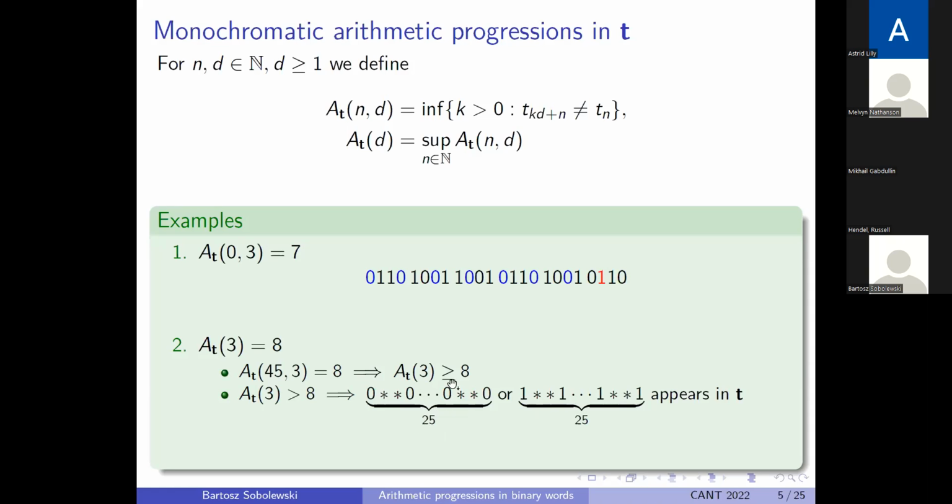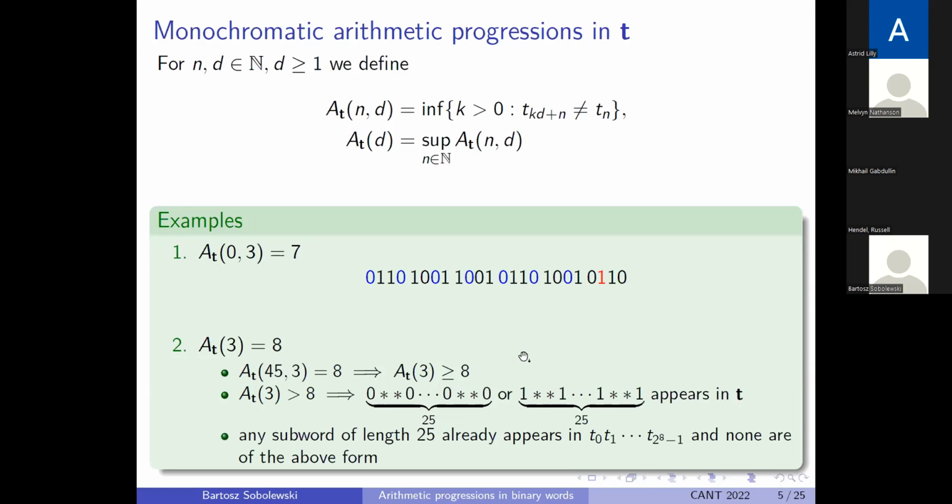So the problem reduces to finding all subwords of this infinite word T of length 25 and checking whether there exist subwords of this form. And here I omit the details. However, one can show that any subword of length 25 already appears in this prefix of the Thue-Morse word.